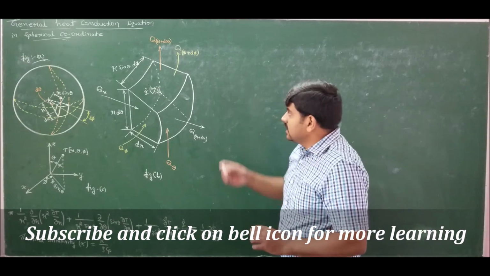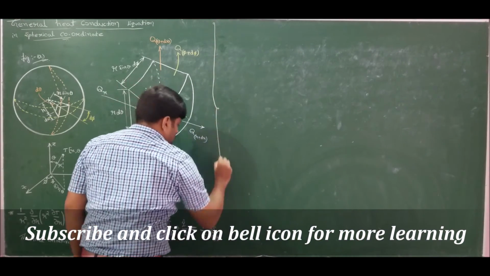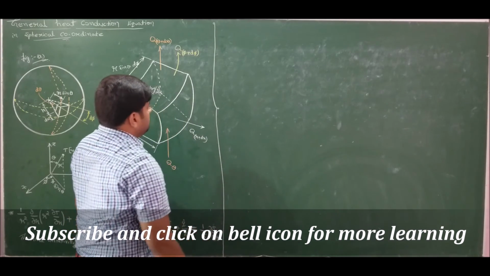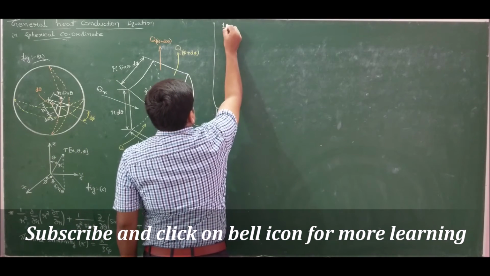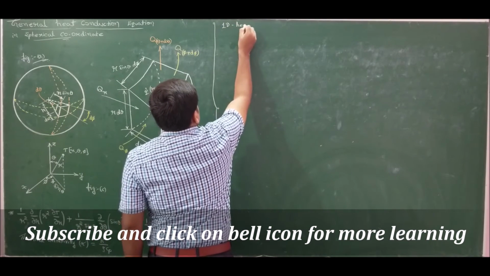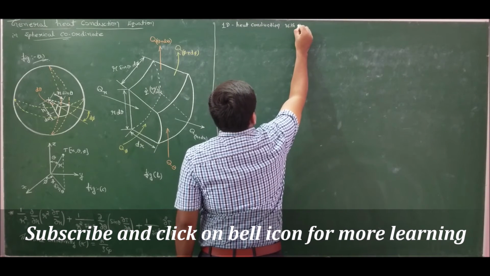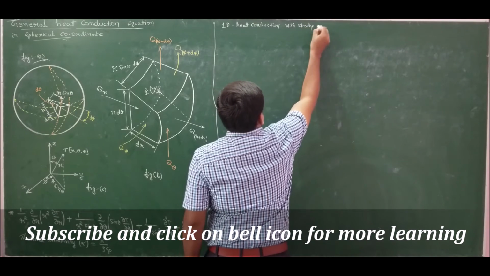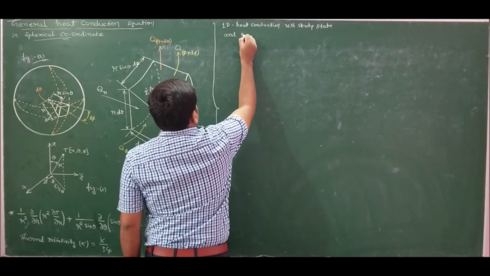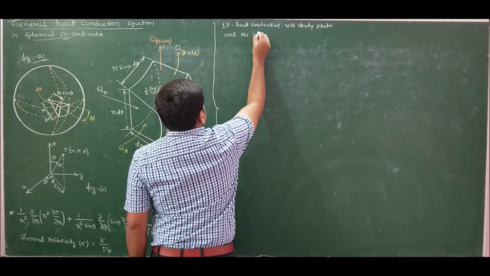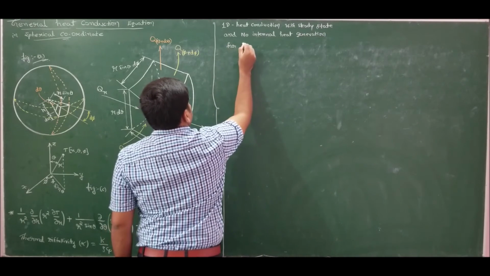Now moving ahead, let us apply the conditions to the equation we derived and analyze the heat transfer due to conduction in a sphere, that is one dimension heat conduction with steady state and no internal heat generation for a sphere.